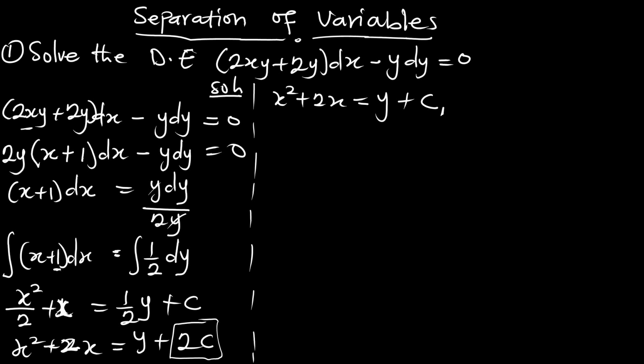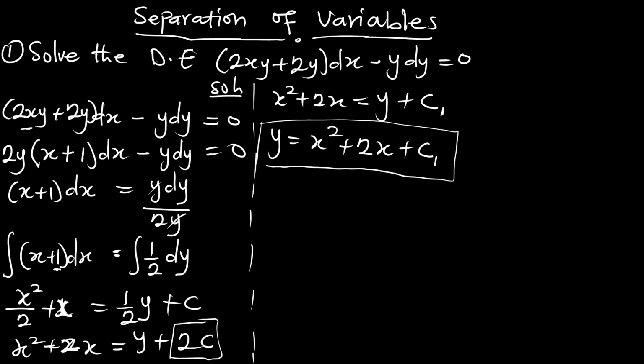If we are making y the subject, then our equation is going to be y equal to x squared plus 2x plus c1. So this will be our final equation, the solution to the differential equation.